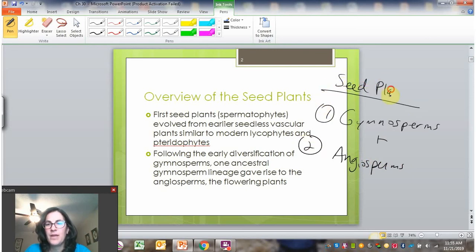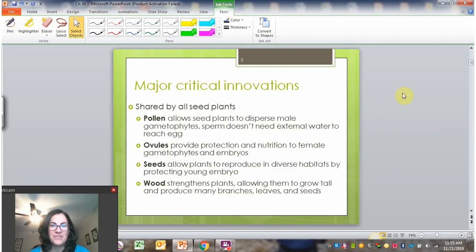Okay, and so as the name implies, one of the major innovations of the seed plants is the seed. Their major critical innovations, again, the seed there is a big one, but there's actually four major traits that are shared by all seed plants today. Pollen. Pollen is the male gametophyte.